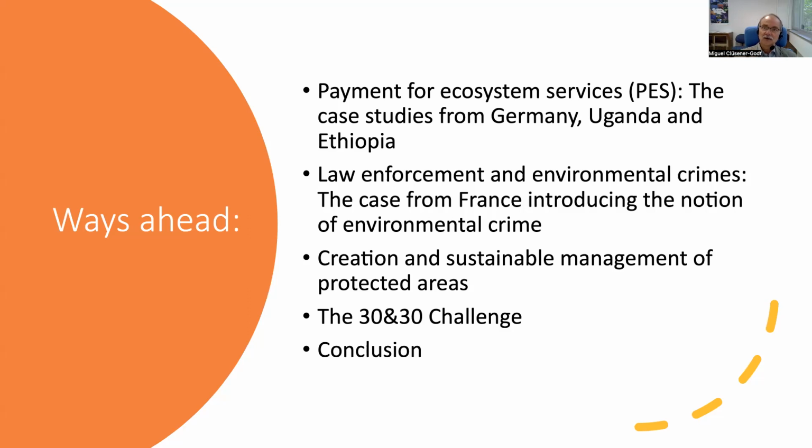Just three. One, payment of ecosystem services. Case studies I have here from Germany, Uganda, and Ethiopia. Another case from France, law enforcement and the introduction of the notion of environmental crime. Creation, sustainable management of protected areas. And I will talk briefly about the 30 by 30 challenge and the conclusion.